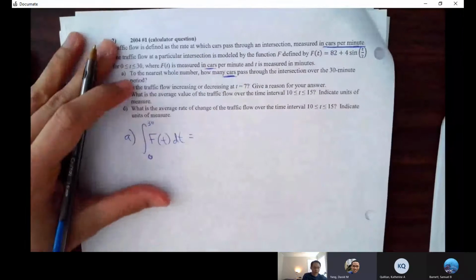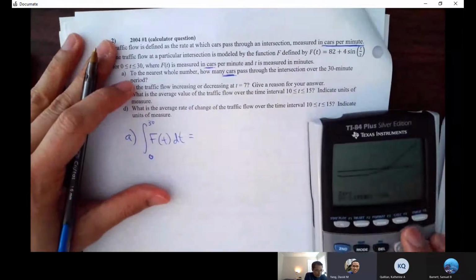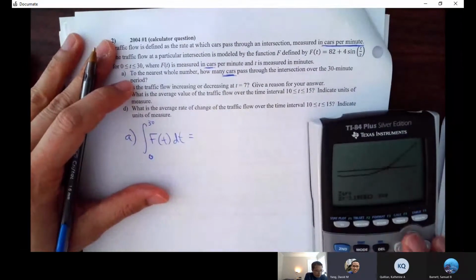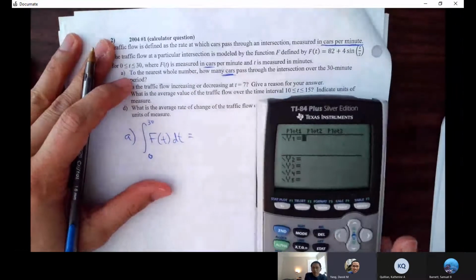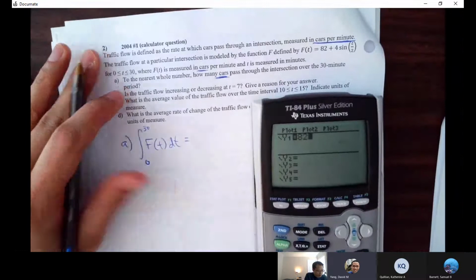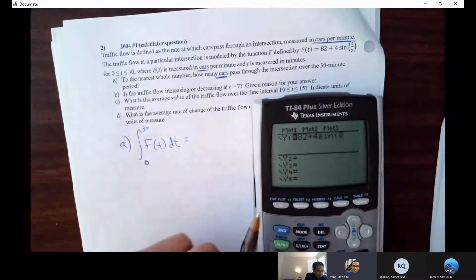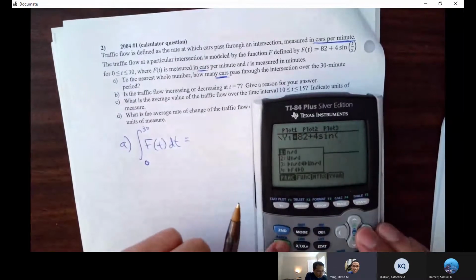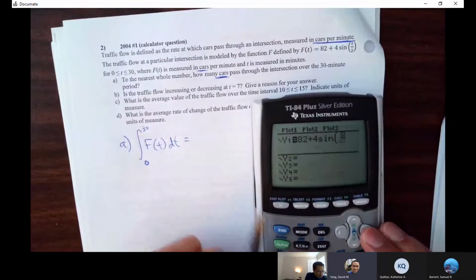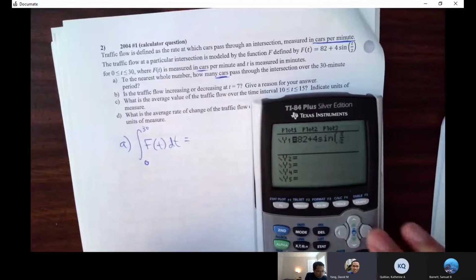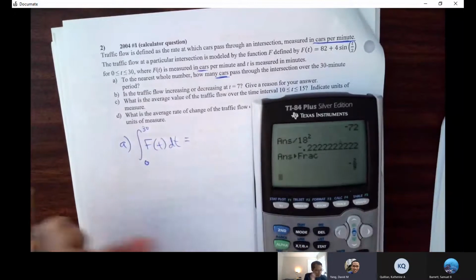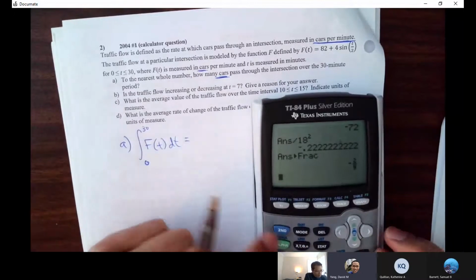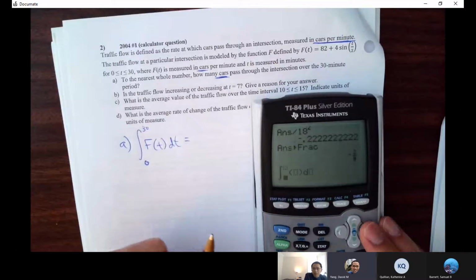Okay, entering our calculator. I'm going to call that function there, so math 9 from 0 to 30.